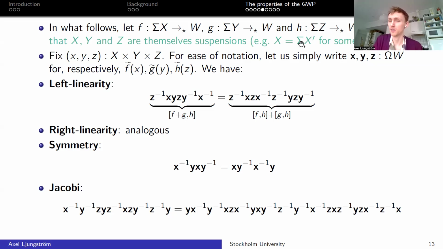For example, you can let it be the suspension of the empty type. And then, using left linearity, if left linearity were to hold, I think you could prove that pi one of any type is abelian, which is not true in general. But I don't have the counterexample exactly in mind right now. But I know that linearity breaks things at least.